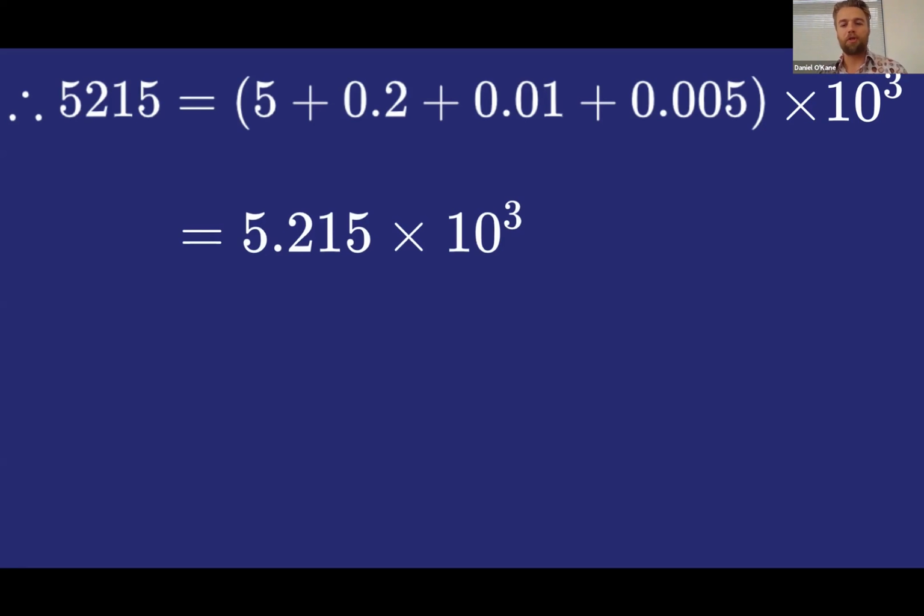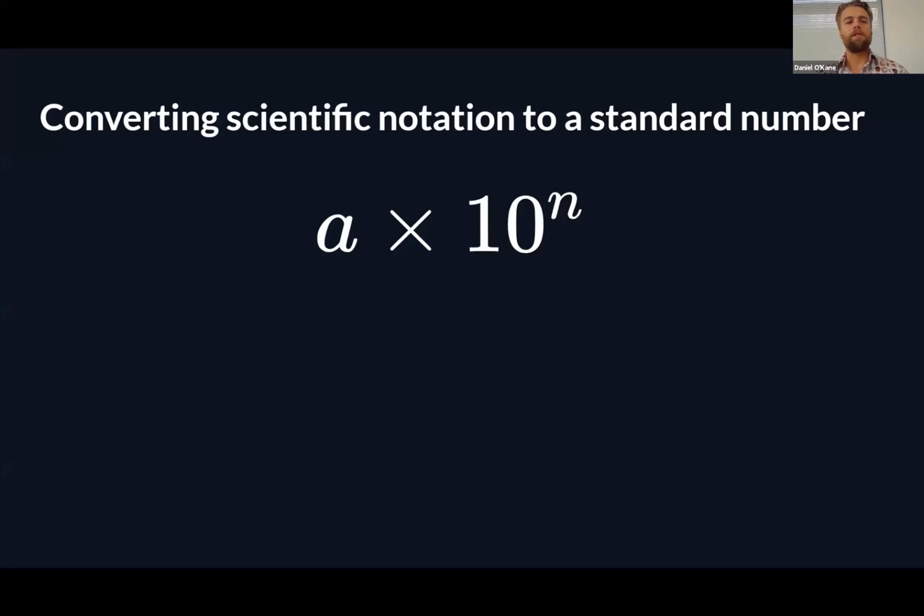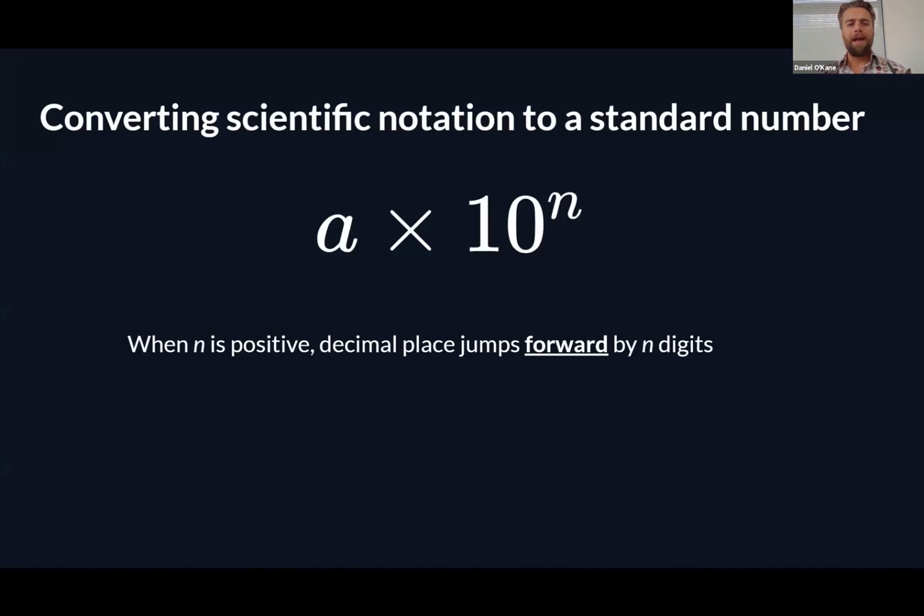But now I'm going to show you the much easier way of how to convert numbers between scientific notation and standard form. Okay, so if I'm going to convert a number in scientific notation to a standard number, it's very easy. When n is a positive integer, you just want the decimal place to jump forward by how many digits that is given in that number n.